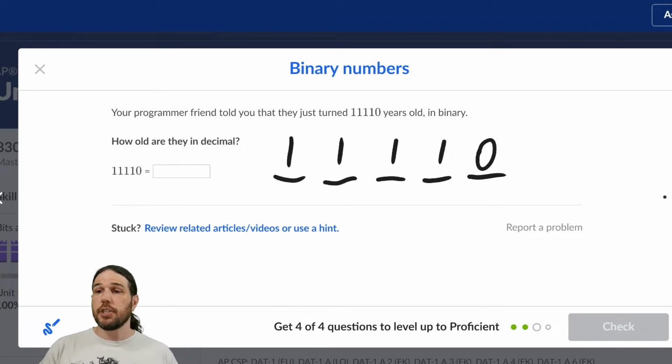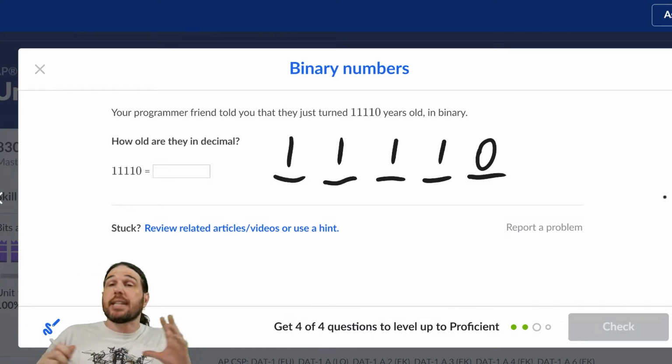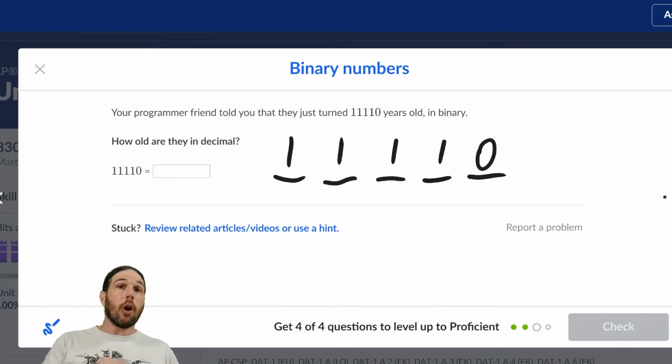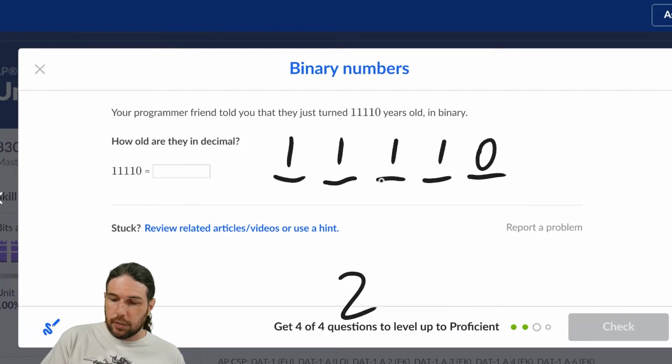We can just do a bunch of addition, or we can look at this number and realize that it is one less than the biggest number we could possibly make with 5 bits. The biggest number we could make with 1, 2, 3, 4, 5 place values would be all ones. And we already know, as we just did a moment ago, that the largest number we could make is 2 to the 5th minus 1.